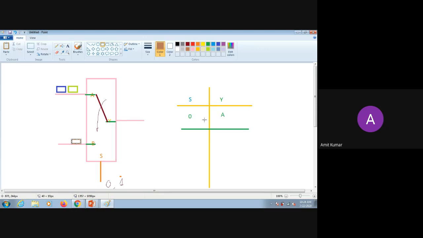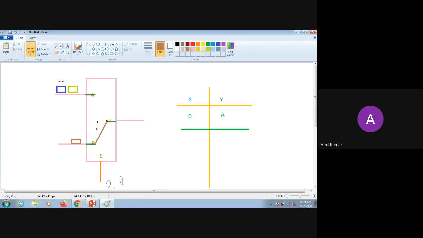Now if you take 1, what will be happening? This switch will be connected here. So now if your switch is connected here, this path will be removed. So if it is removed, now the car available at A cannot cross.